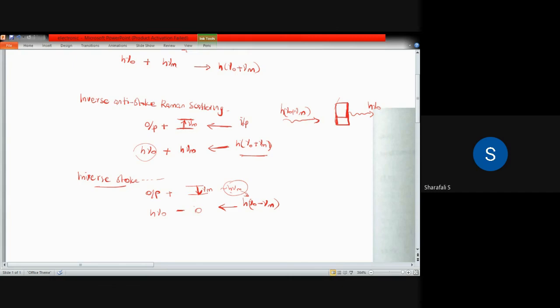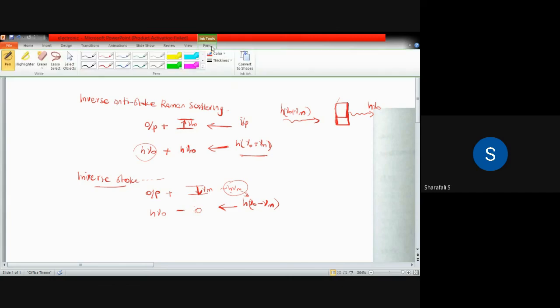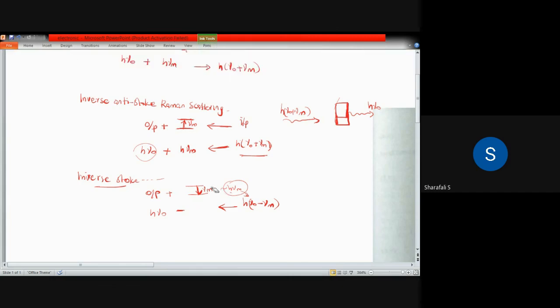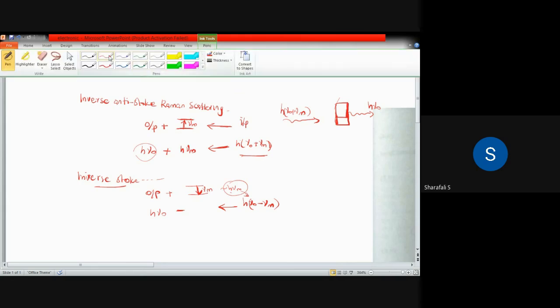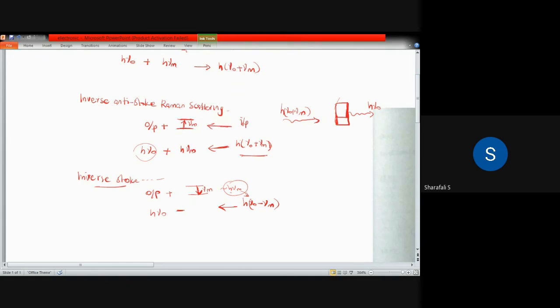Or you can also write this as here we will have minus h nu m and plus h nu m, and this plus h nu m is coming from the sample when it is coming down to the ground state or the lower state.